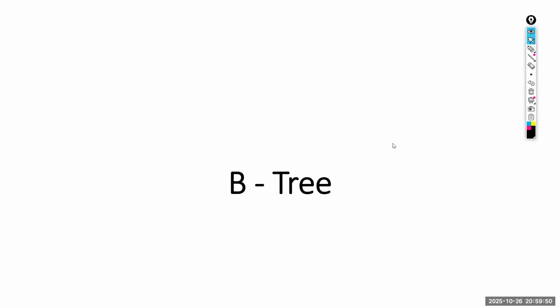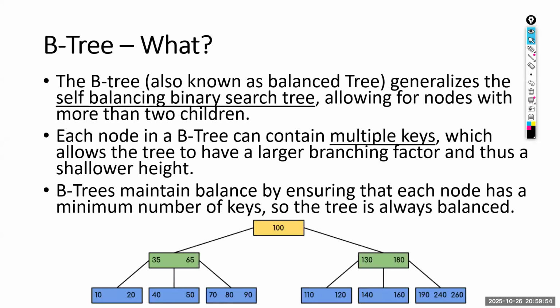It can have 3 children, 4 children, and so on. So therefore, in B trees, there's no prerequisite saying it must be binary. No, it can be more than 2.